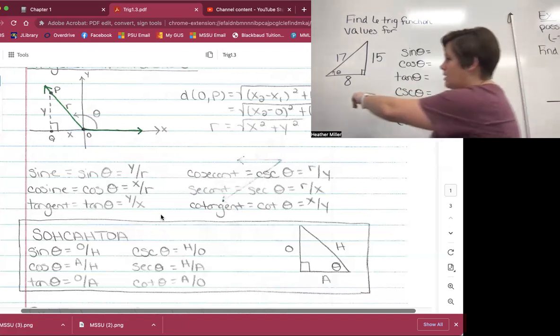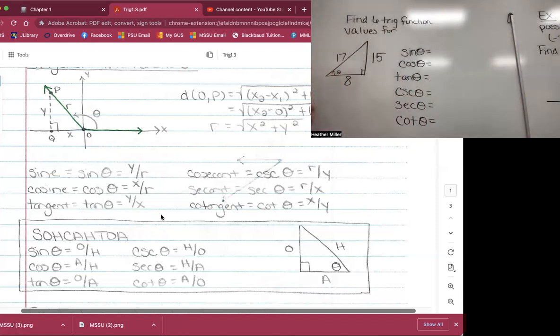If theta is down here, and I'm trying to find the sine of theta, sine is the y over the r, or the opposite over the hypotenuse. So the opposite over the hypotenuse would be 15 over 17, which is the y over the r.